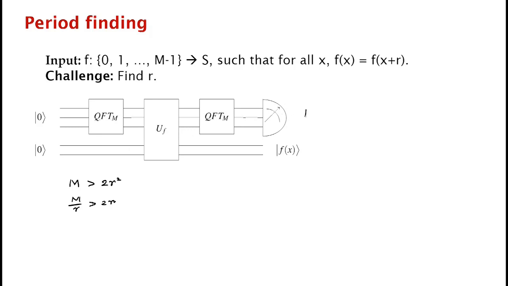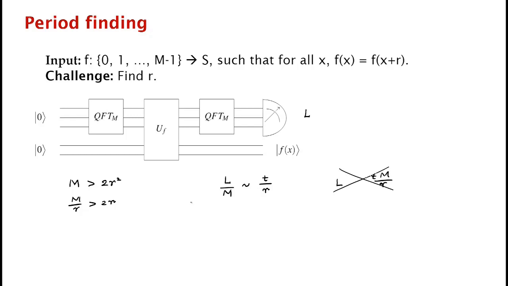The output, let's say, is some number L. Now the claim is that L over m is approximately equal to t over r for some integer t. Of course, if you were to rearrange it, this would tell you that L is t times m over r, the sort of thing that we were saying in the simplified scenario.